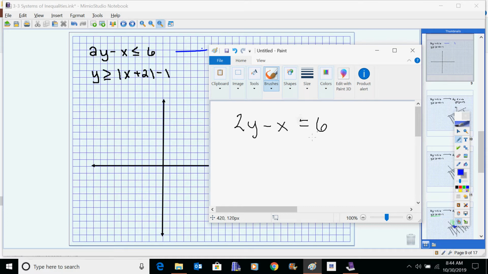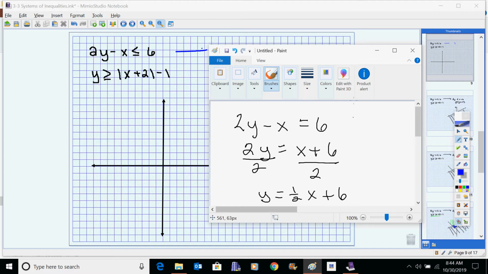We're just looking for the dividing line first. So you take the negative x and add it to both sides for those that need to see that. And that's where y equals 1/2 x plus 6 comes from.